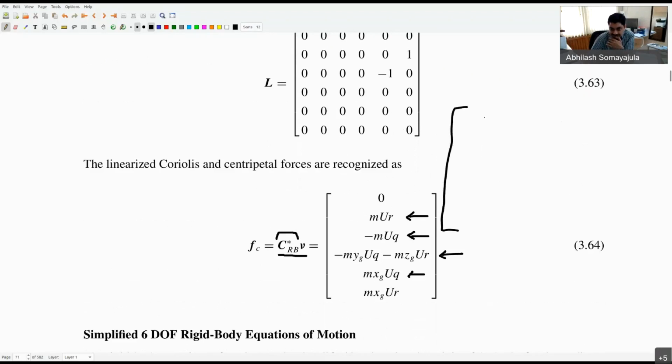What do I get? First row, will I get anything? Is everybody with me on what I'm trying to do? I want to find this matrix given that CRB times V is given by this vector here. So what should my CRB matrix look like?